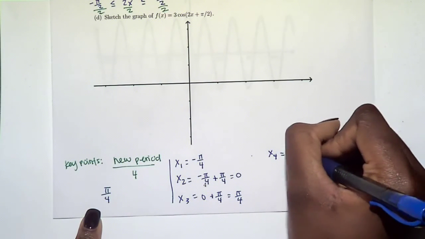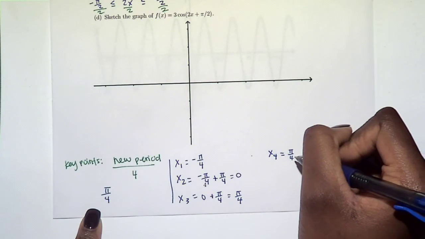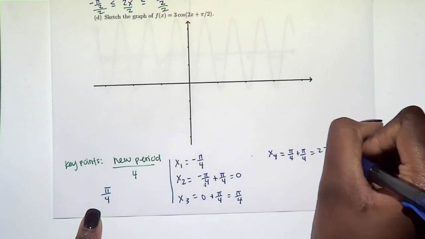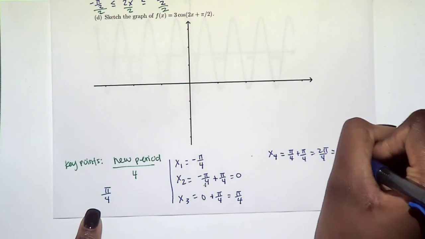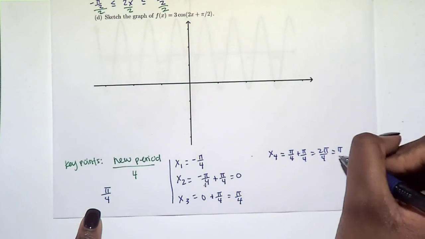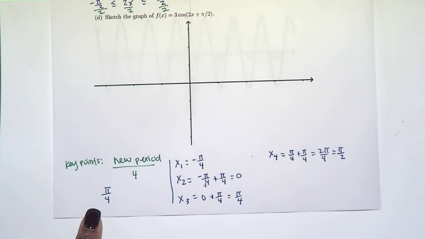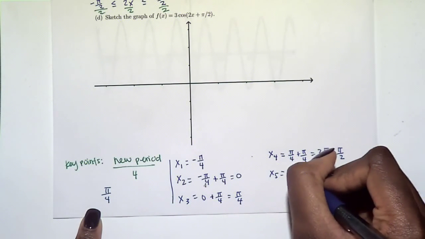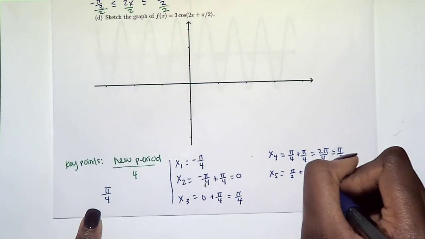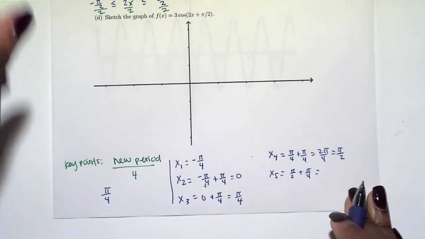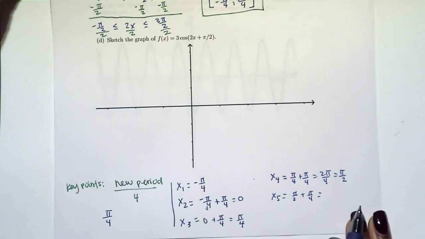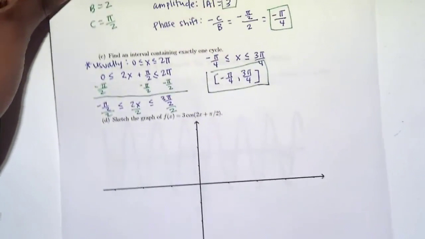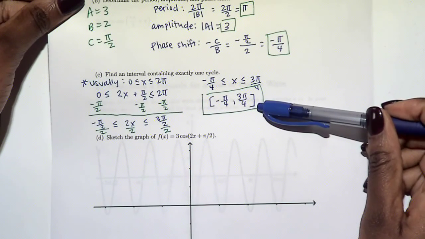Fourth x value, pi over 4 plus pi over 4, which is pi over 2. And then the final and last value is pi over 2 plus pi over 4, which should hopefully be the very last number in our interval, 3 pi over 4. I hope you guys can see that, it's kind of small.